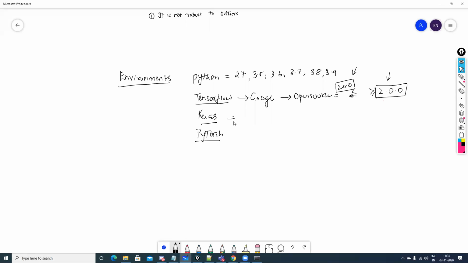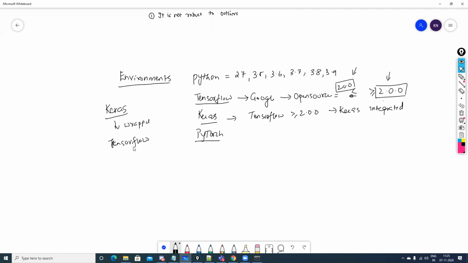In TensorFlow 2.0 and above, Keras has been integrated within TensorFlow. In versions less than 2.0, you had to install TensorFlow and Keras separately. And what is Keras? It is a wrapper on top of TensorFlow.